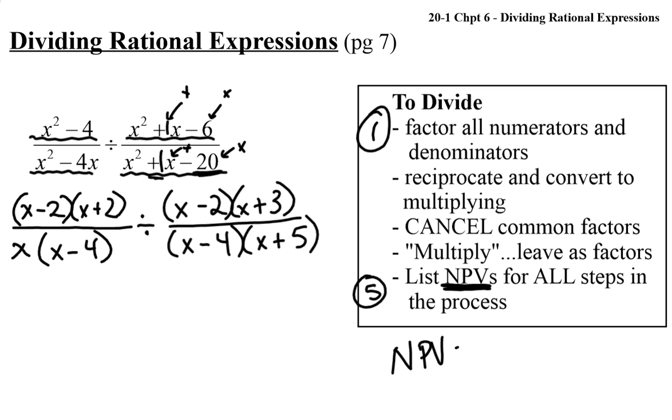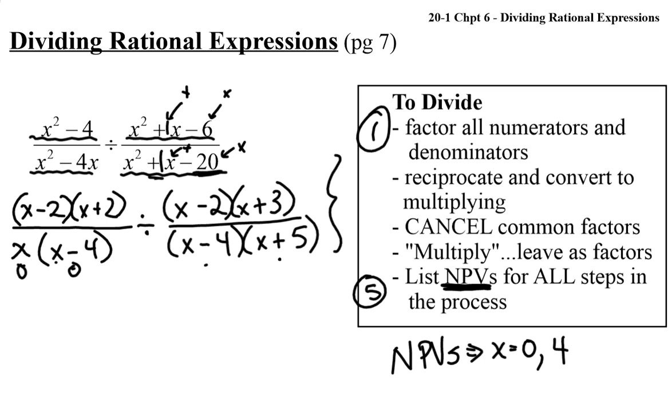So our NPVs at this point, because now I have fraction form, easy to identify my factors and identify what values of x make denominators 0. Well, if x itself is a 0, I'll end up with a 0 in that first rational. So x can't be 0. That's an NPV. If this x minus 4 equals 0, that would be bad, and that's going to happen if x is a positive 4.